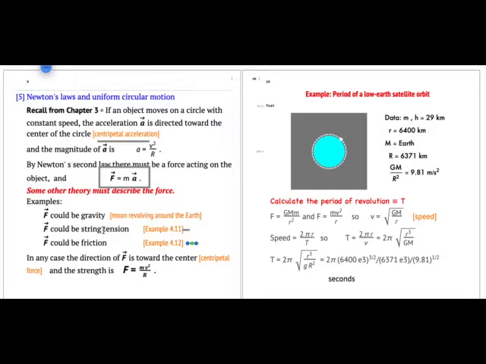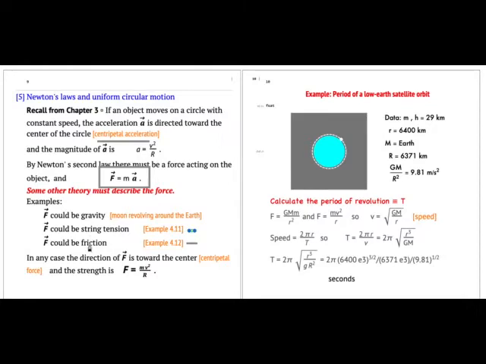Don't confuse velocity and acceleration or their directions. What's the force that's keeping the car on the track? It's the friction between the wheels of the car and the track. There's friction pulling the car towards the center of the track.